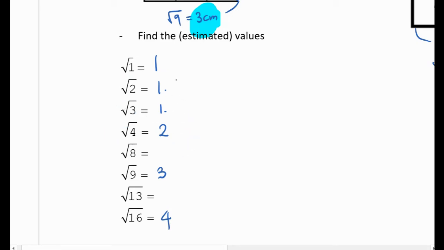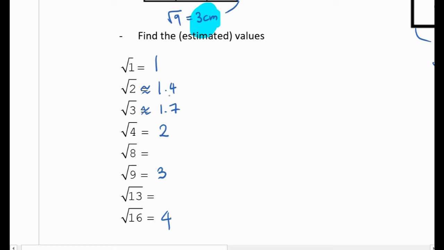So if you just guess it, the square root of 2 is roughly 1.4, and the square root of 3 is roughly 1.7. You can check this using your calculator.